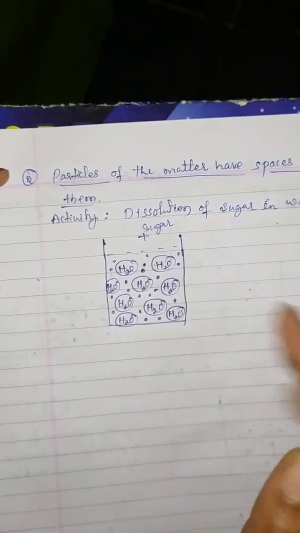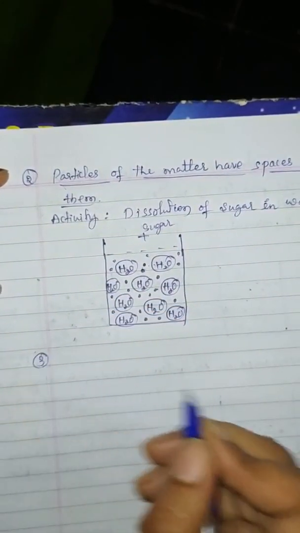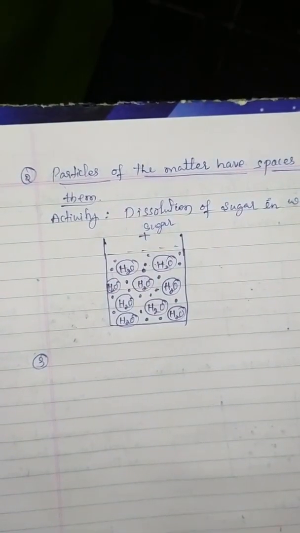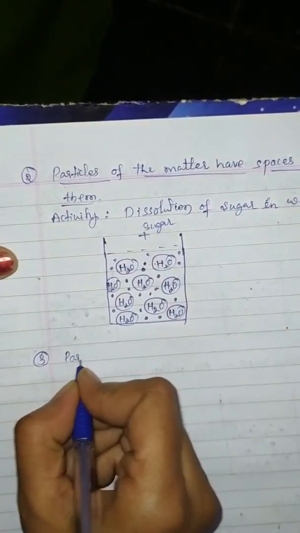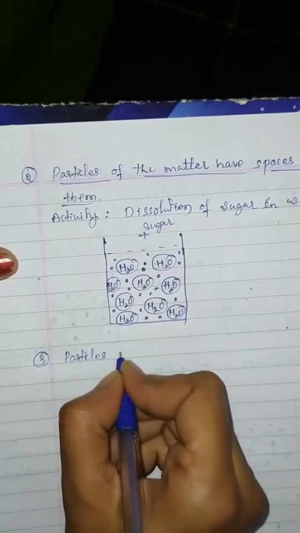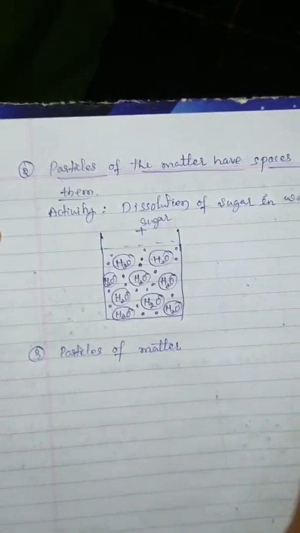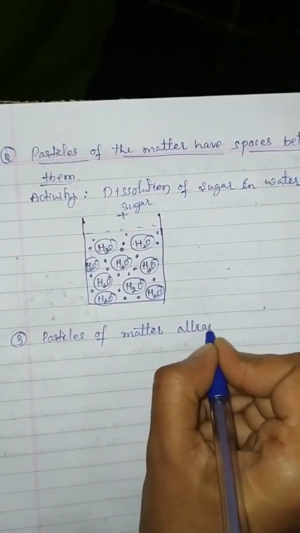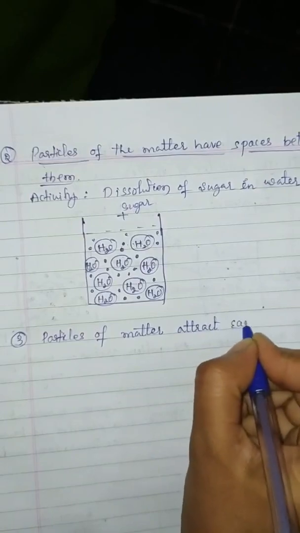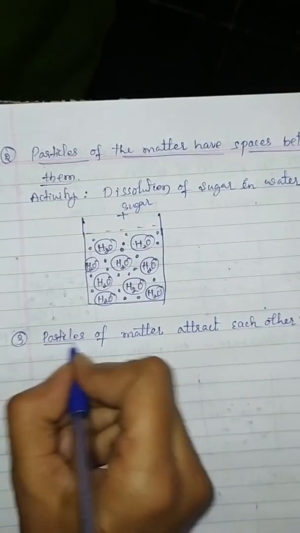Next, the last characteristic of the particle is, particles of matter attract each other.